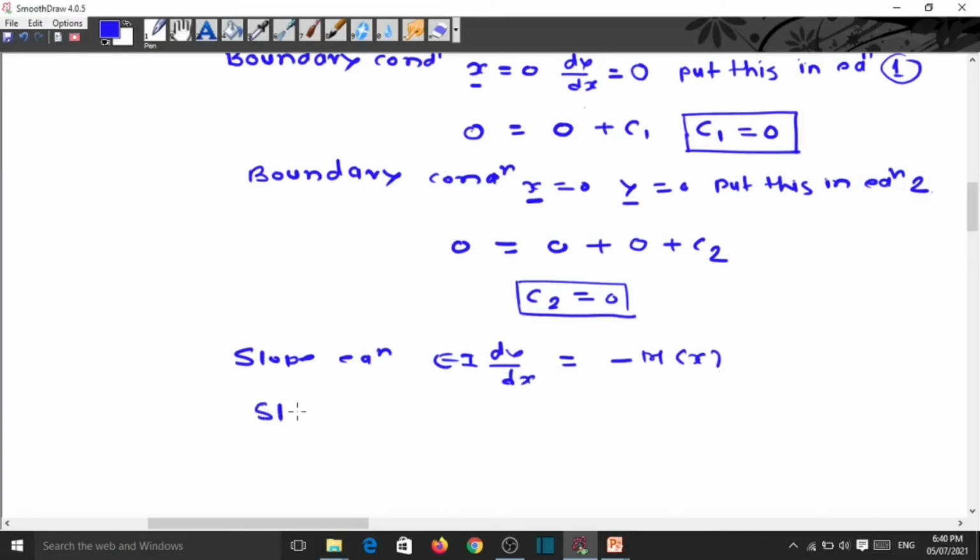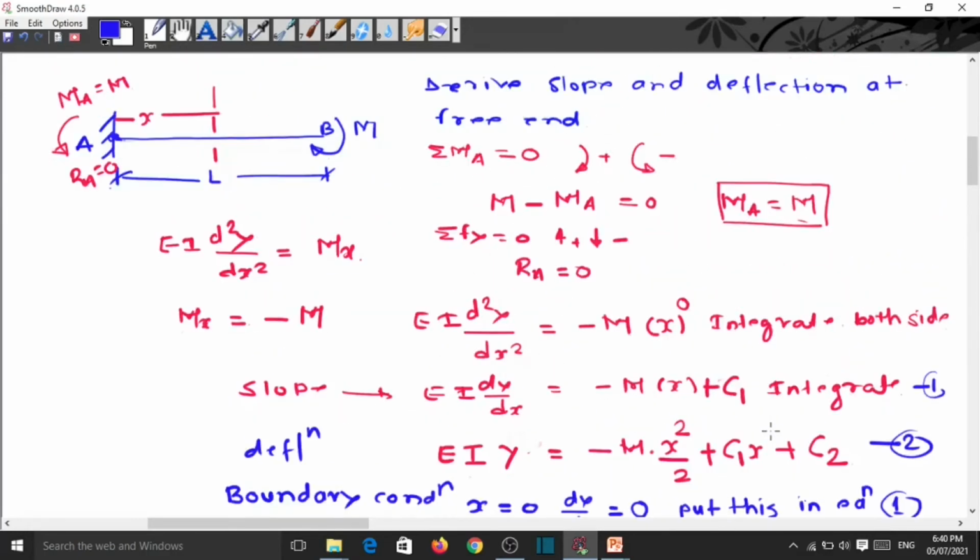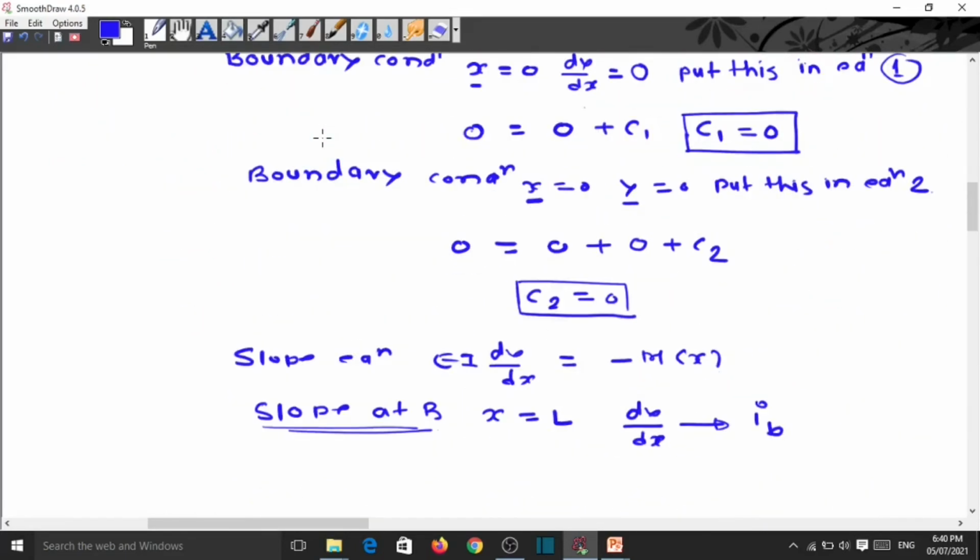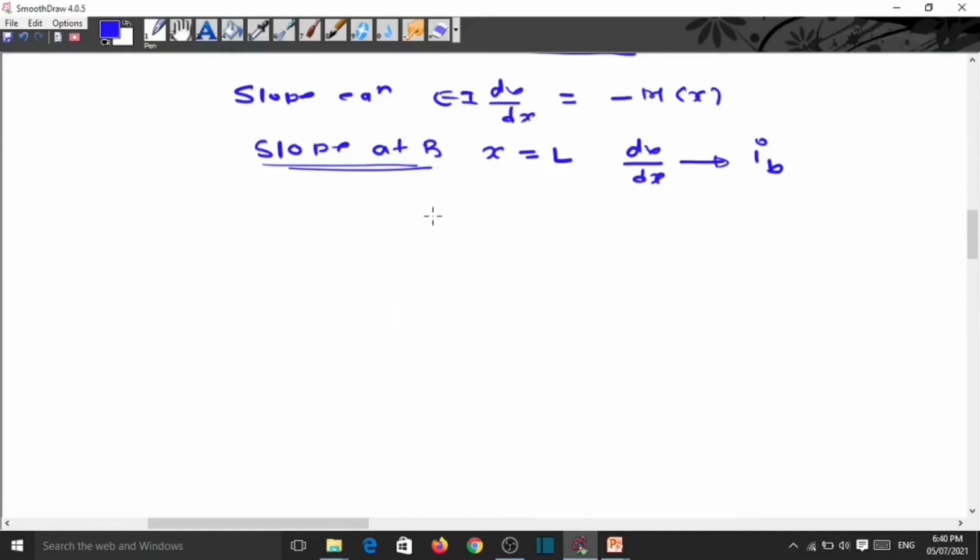So slope at B or free end: for that we put x equal to L, dy by dx becomes theta B, that is the slope at B. So EI theta B is equal to minus M into L. So theta B is equal to minus ML by EI.